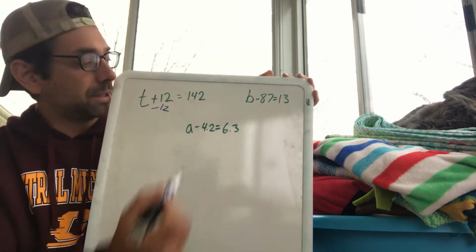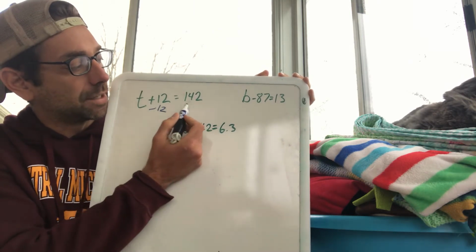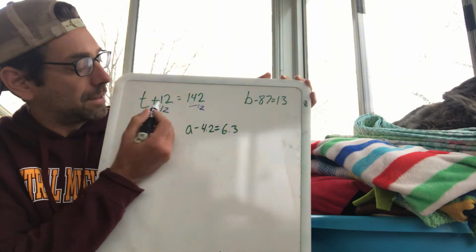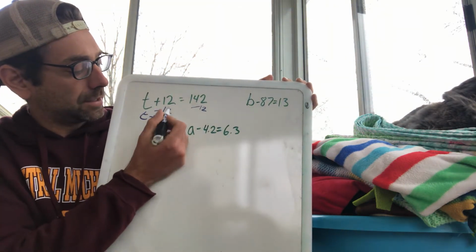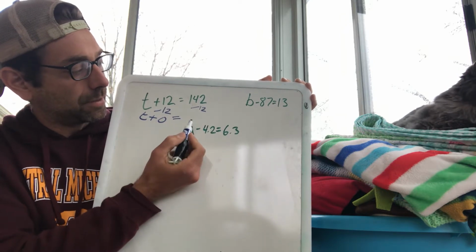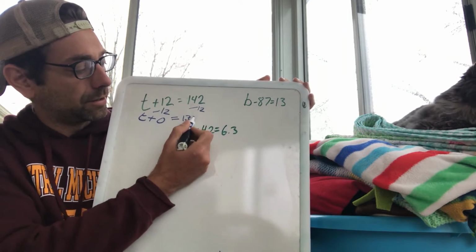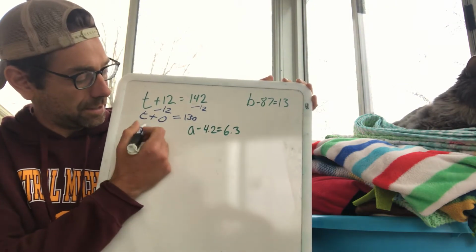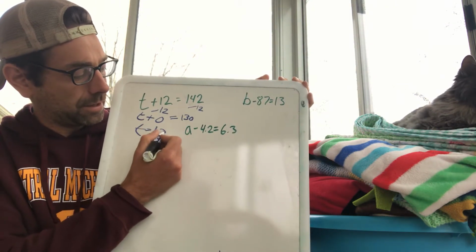And if I do that to one side, because this is an equal sign here, I have to do it to the other side. Okay? And that's going to say, all right, t plus 12 minus 12 is 0. And then 142 minus 12 is 130. All right, so t plus 0, well, that's just t, so that means t has to equal 130.